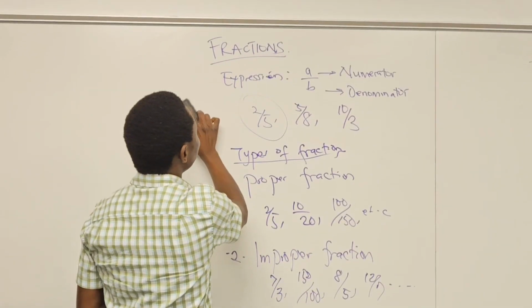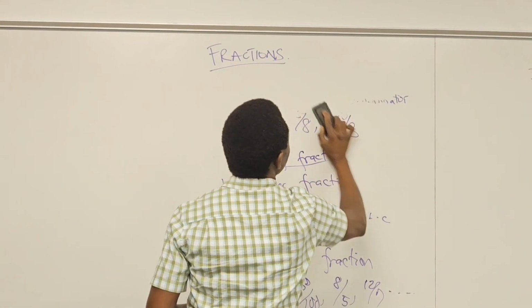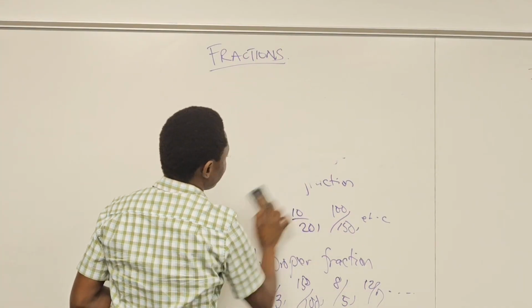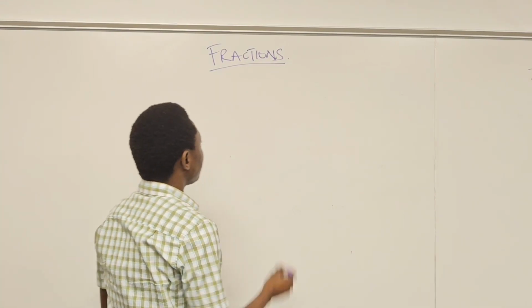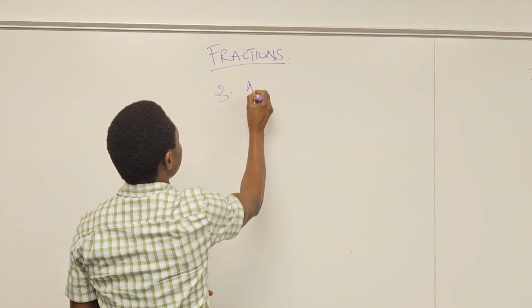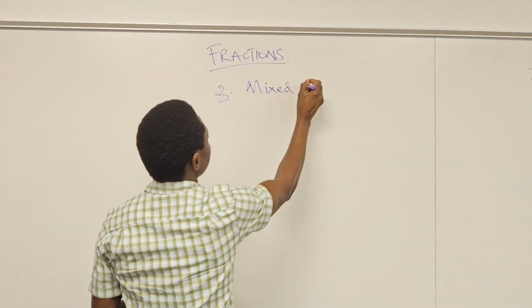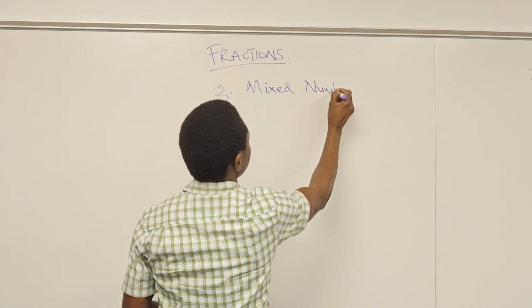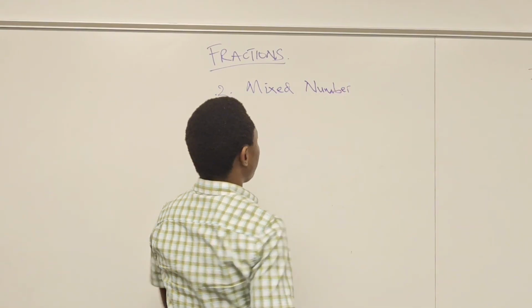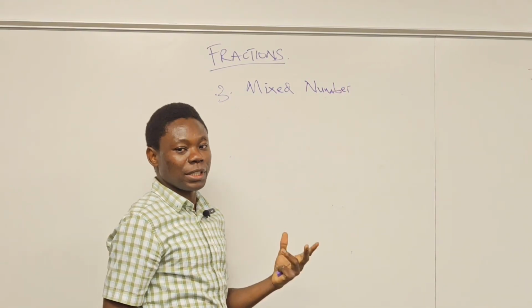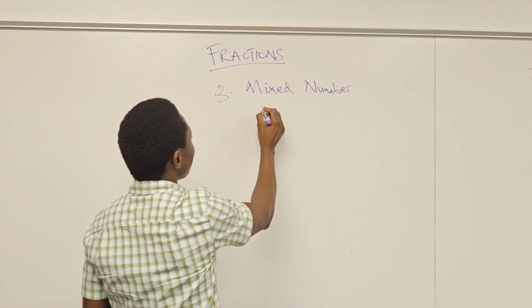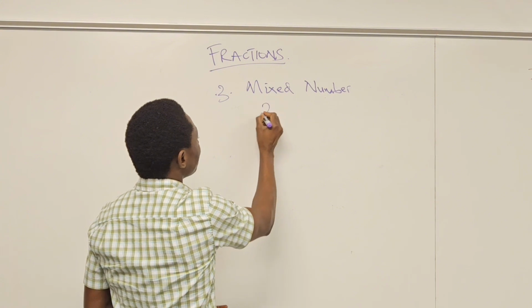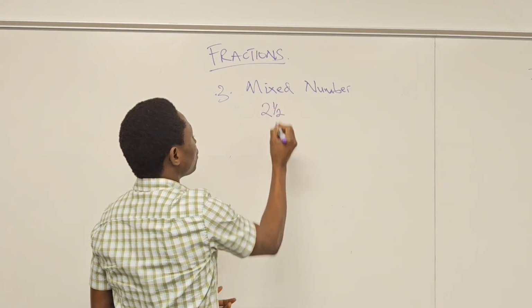And then we have a third one that usually will be derived from improper fractions. It's called a mixed number. Three, we have the mixed number. A mixed number has 2 components. It has a whole number and a fractional part. So we have something like 2 whole number 1 over 2.